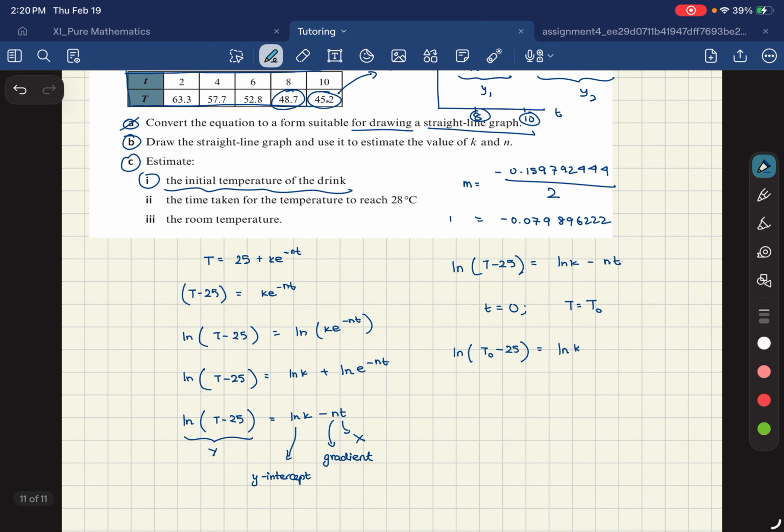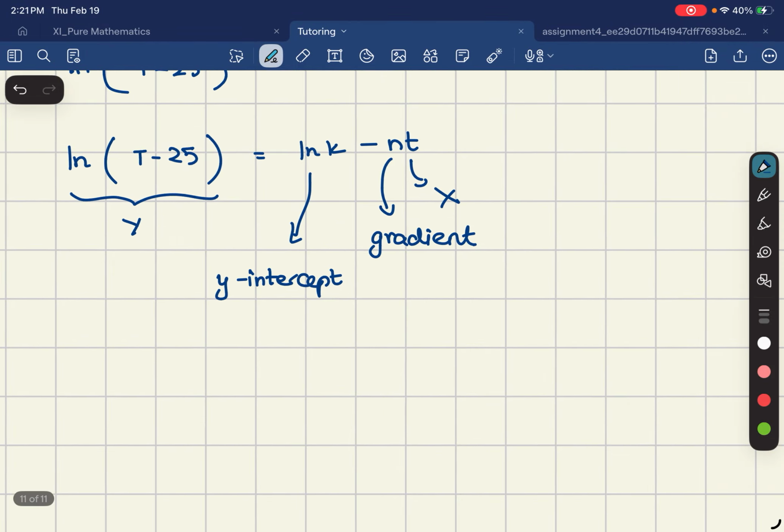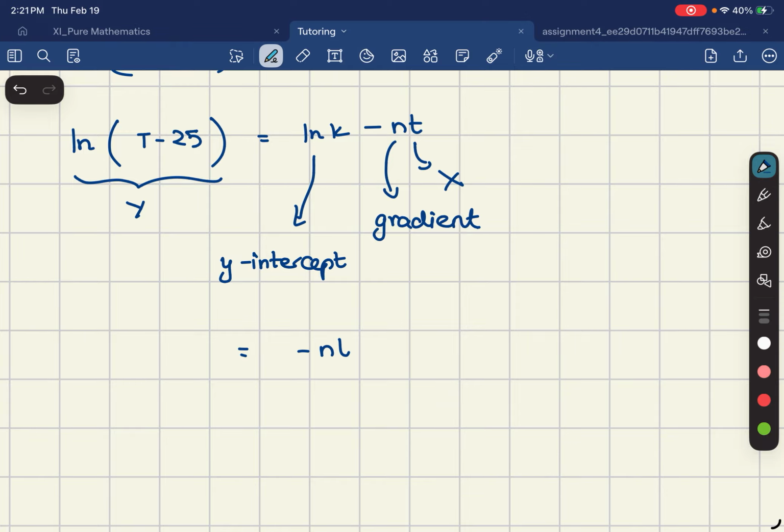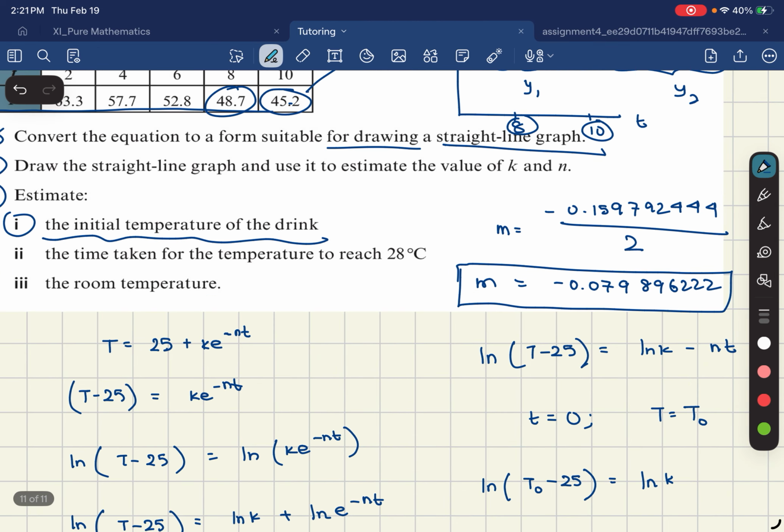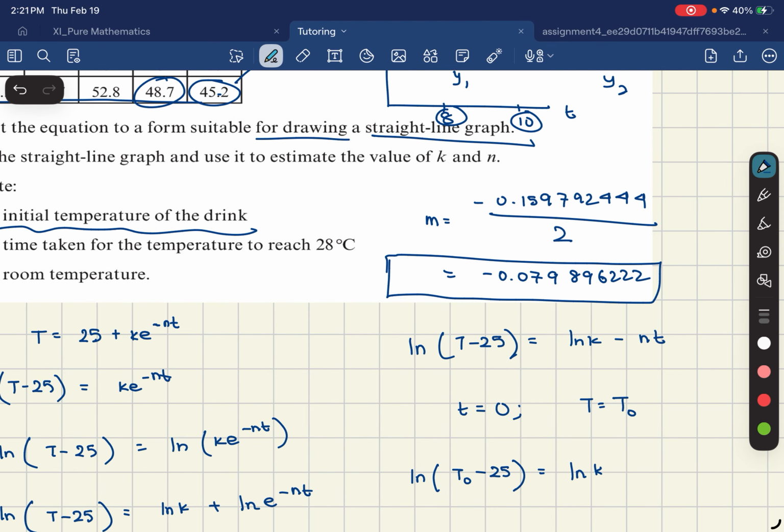Now, when I substitute my m into the equation, my relationship tells me that it's negative nt plus ln k. So negative n is my gradient, right? So my gradient is actually negative n.